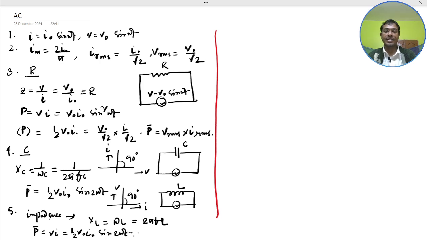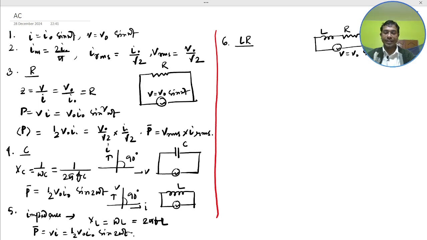Next one will be the LR circuit. So we just covered only resistor, capacitor and inductor, and now we go through the next one, the LR circuit. Basically this is the L with R. Here V equal to V naught sin omega t.